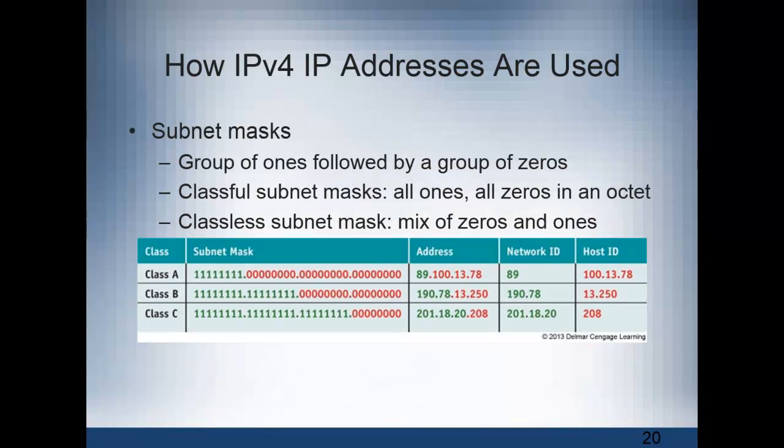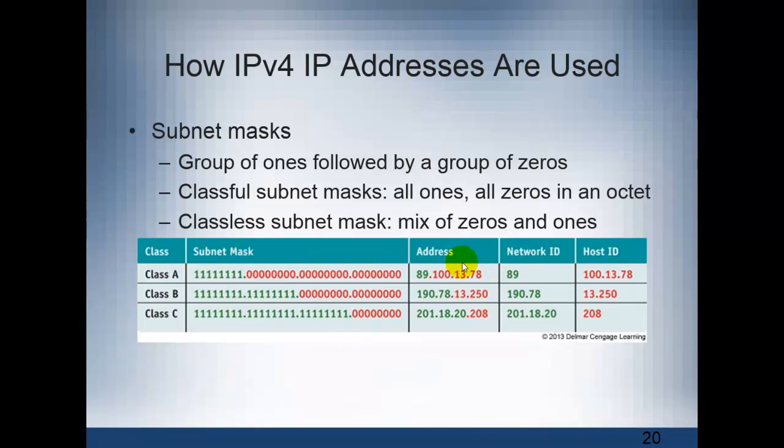If we look at this diagram here, you'll see the default subnet masks for classes of IP addresses. The green numbers here identify the network and the red numbers identify the different hosts. So you see we're using a Class A here, and we have our subnet mask listed here, and as I said, the green identifies our network.